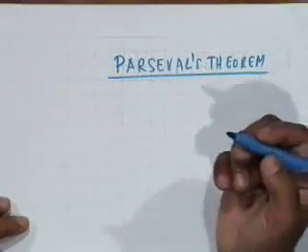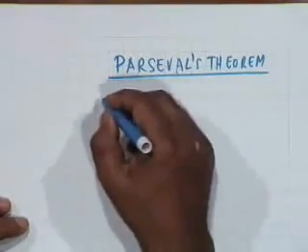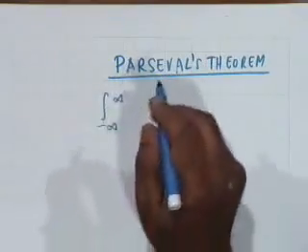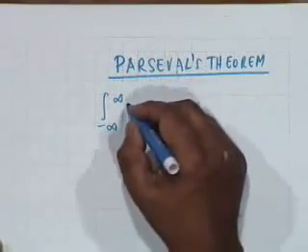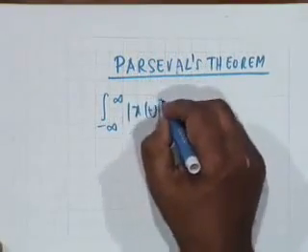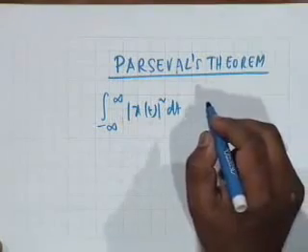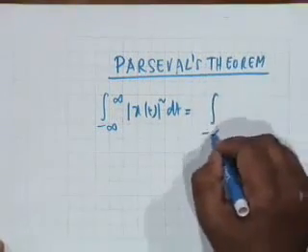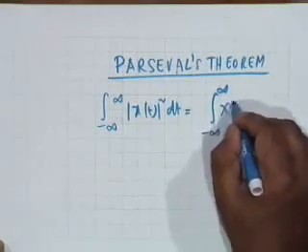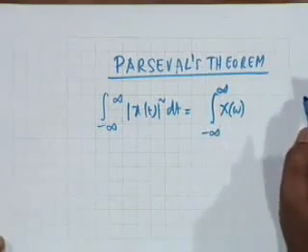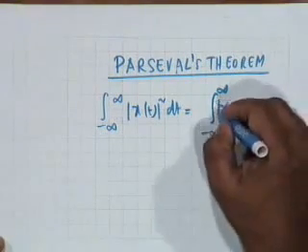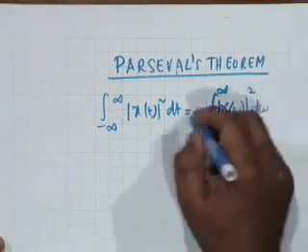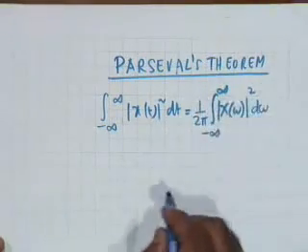You remember, in the continuous time case, the energy in the time domain was the integral from minus infinity to plus infinity of |x(t)|^2 dt, and in the frequency domain the energy was the integral from minus infinity to infinity of |X(omega)|^2 d omega divided by 2 pi.